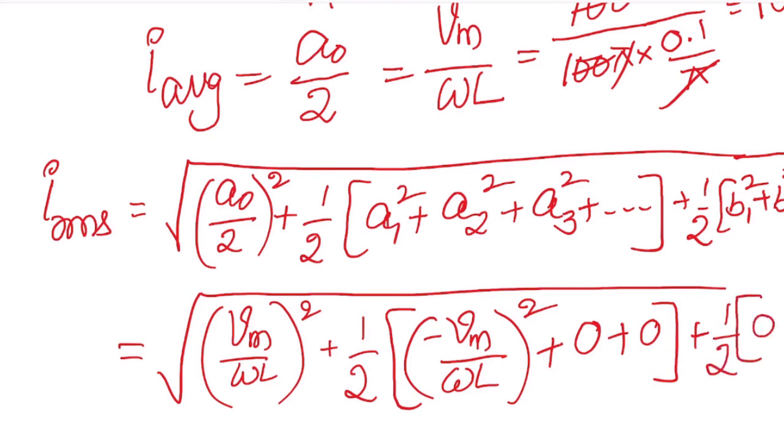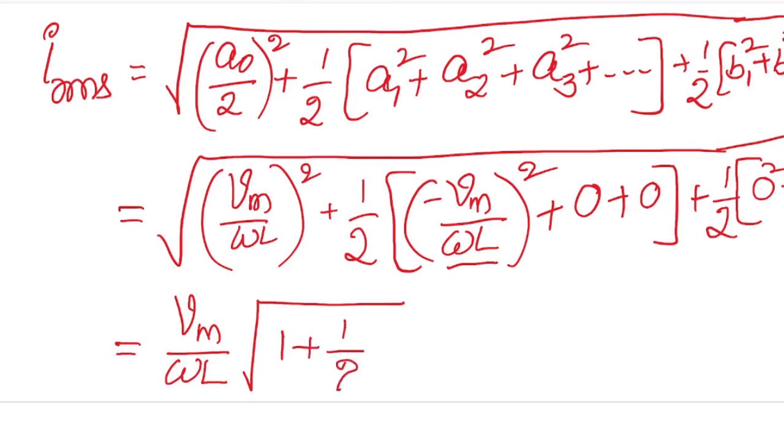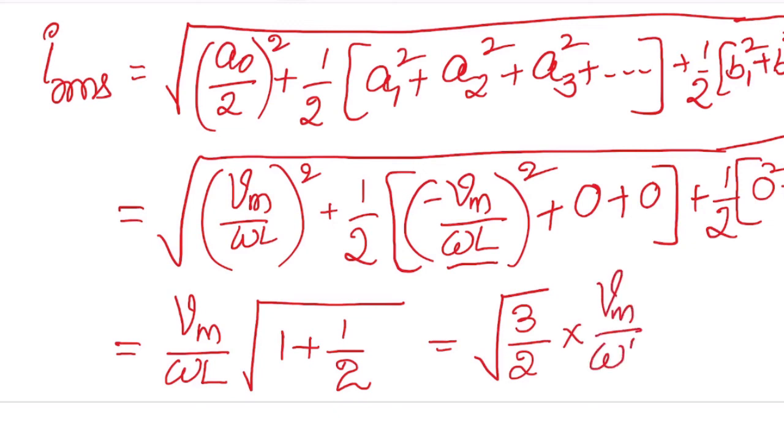The minus sign inside becomes positive because of the squaring. Taking (Vm by omega L) whole square outside of the root, it will be Vm by omega L into root of (1 plus half). Whenever it is 1 plus half, this can be represented as root 3 by root 2 times Vm by omega L.